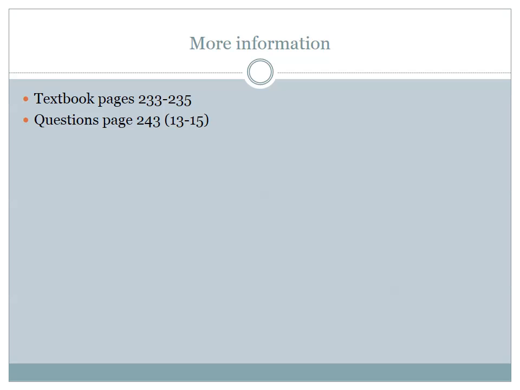There are questions on page 243, or the information that you might require is on pages 233 to 235. And of course, you could also look up my favorite, which is Crash Course, or the Khan Academy as well. That should be able to help.